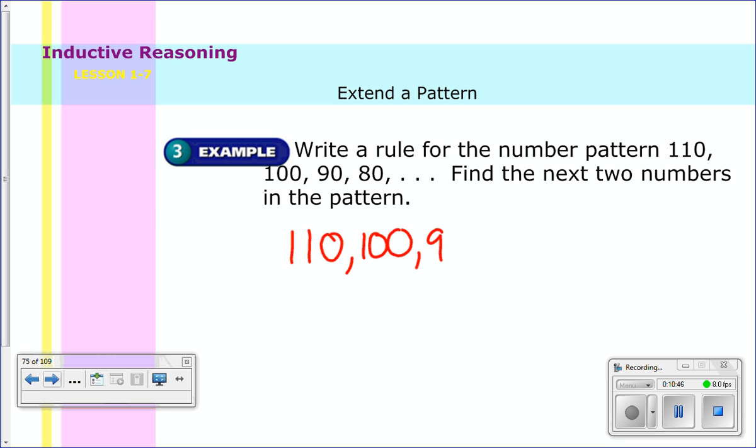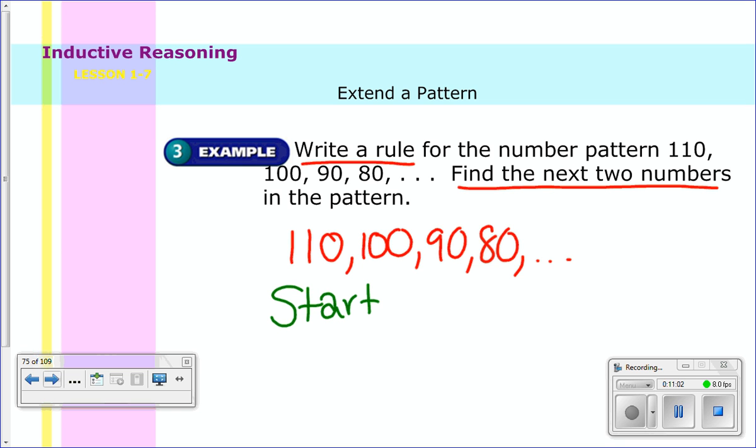First, they are asking us to write a rule. Write the rule, start with this number, and then tell what you do. And then tell me the next 2 numbers in this pattern. So if I were to start here, well, I know I'm starting with 110. And now I have to find out what happens each time.